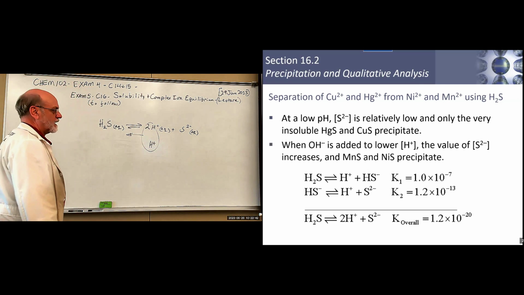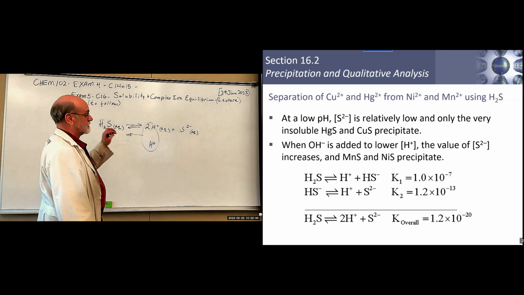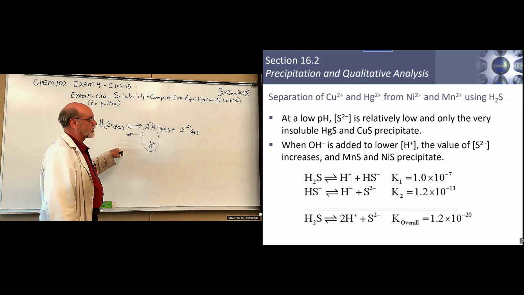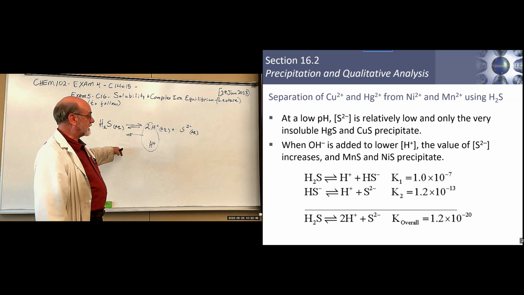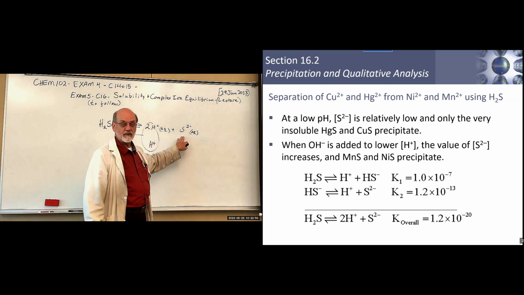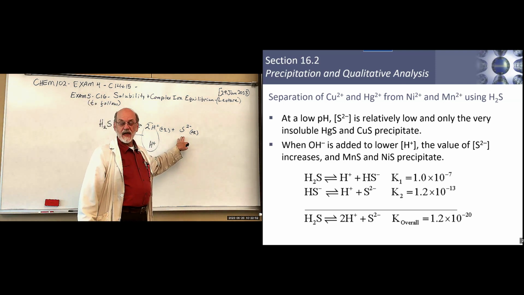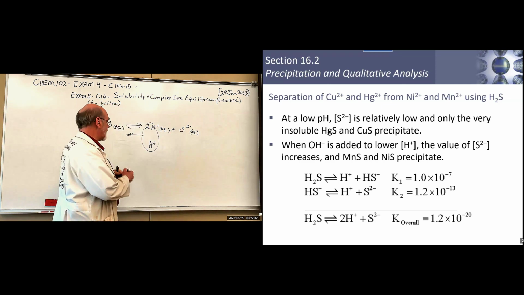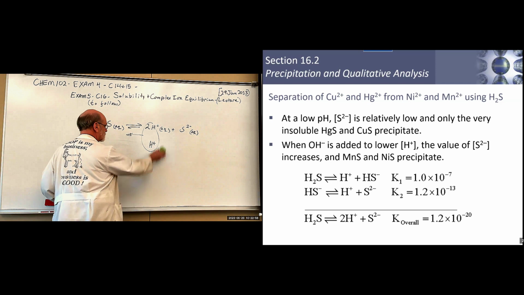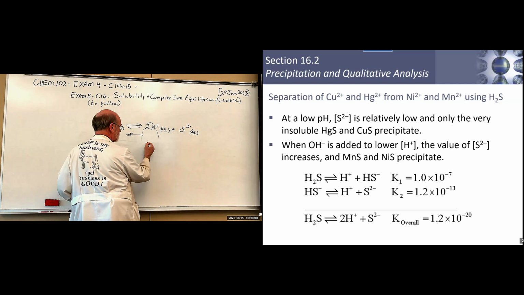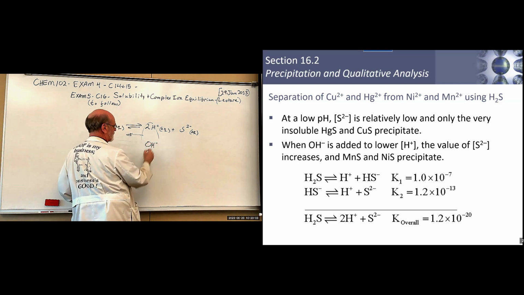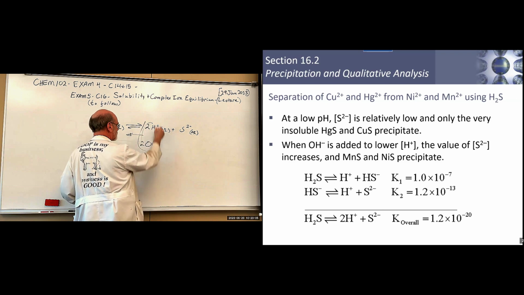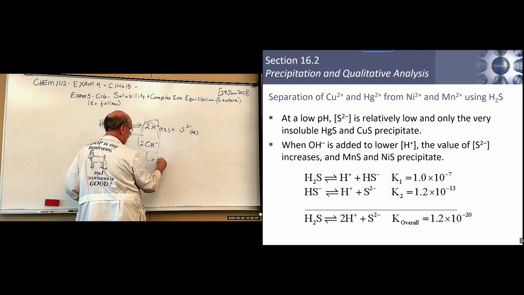So after we get the copper and mercury out of solution, then we can increase the concentration of sulfide and precipitate the others, right? So in order to do that, now we add a base. It combines with this, makes water, right?